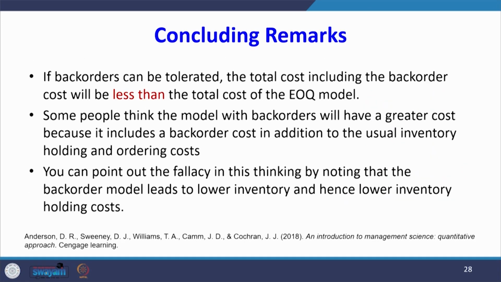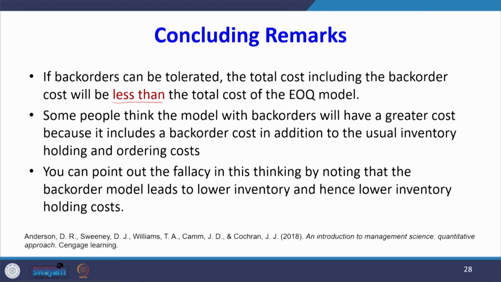Concluding remarks: if back orders can be tolerated, the total cost including back order cost will be less than the total cost of the EOQ model. That means that if the customers are willing to wait, then going for shortages is preferable.